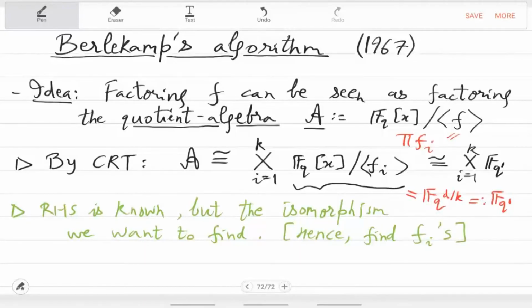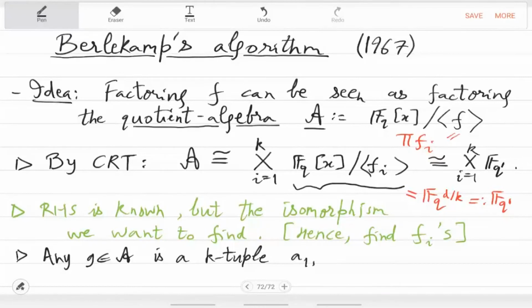One more thing that we can deduce from this structure is that any element g of A is a k-tuple (a_1 to a_k).